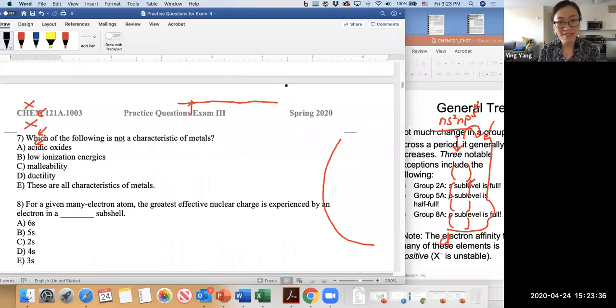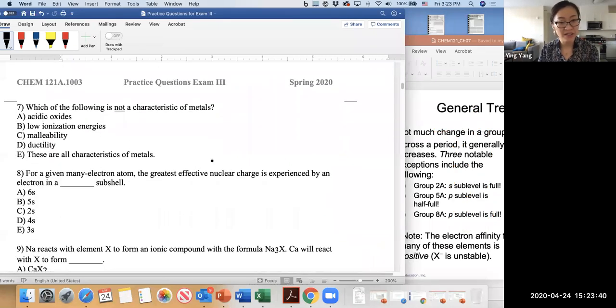All right, question number 7. Which of the following is not a characteristic of metals? Okay, this question is slightly different. Characteristic of metals, and which is not a characteristic of metals. Acidic oxides. So does metal form acidic oxides or basic oxides?